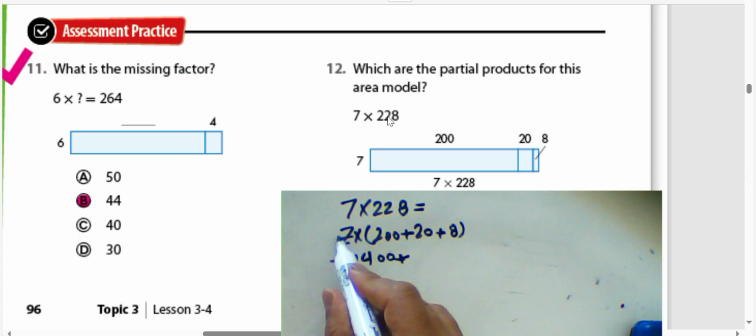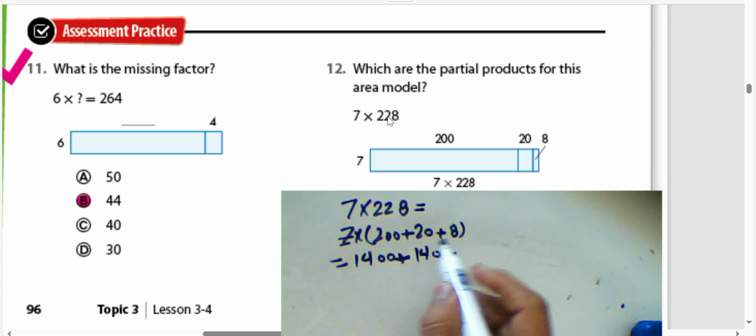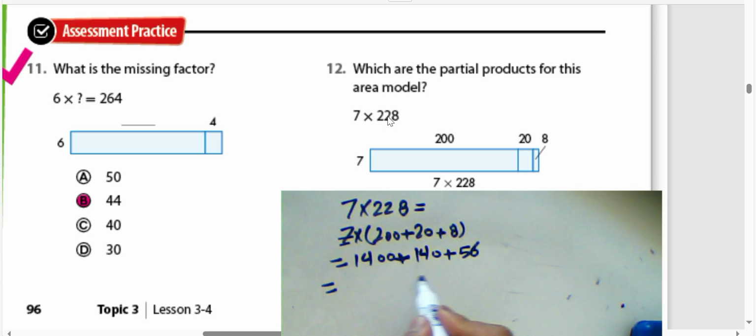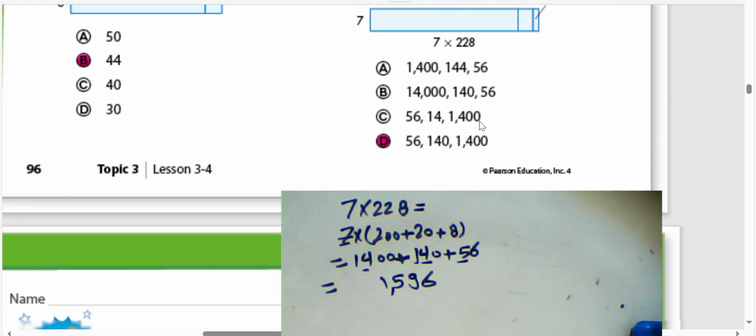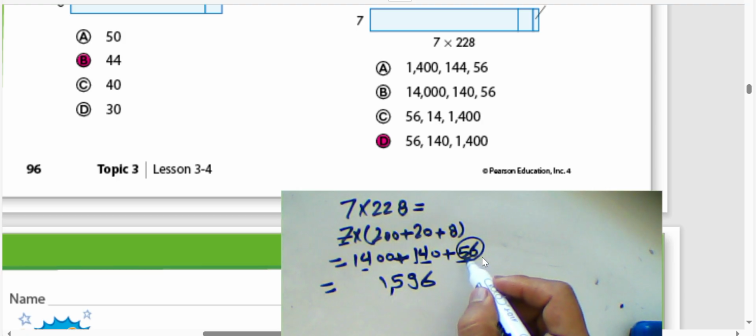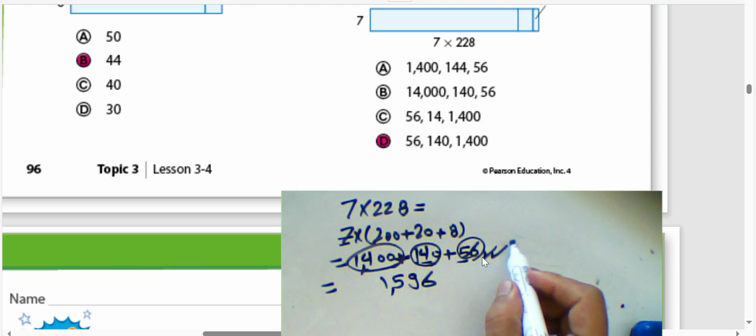And then 7 multiplied by 20, 0 and 2 times 7 equals 14. 7 times 8 equals 56. We can add together 4 plus 4, 9, 1 plus 4, 5, and then write 1. The result will be 1596. Then the solution here we have 56, 140, and also 1400. This shows the answer, letter D.